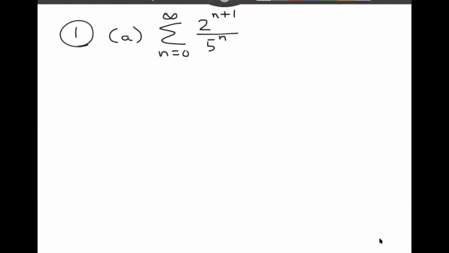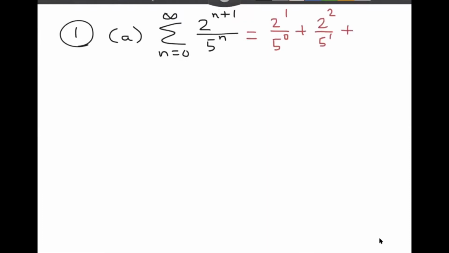The sum n equals 0 to infinity of 2 to the power n plus 1 over 5 to the n. So my favorite method for dealing with these is to write out the first few terms. I think that's the easiest way to do it. Okay, so the first term of this would be 2 to the first over 5 to the 0. The second term would be 2 to the second over 5 to the 1.